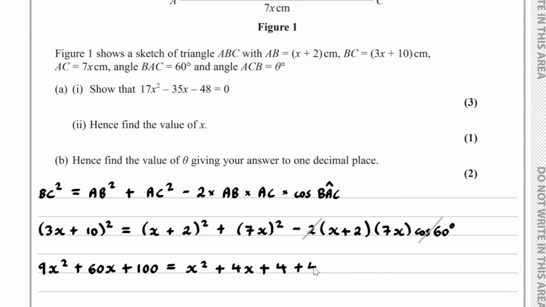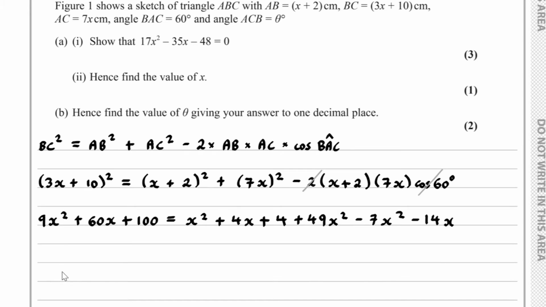So that's the same as 49x squared subtract x plus 2 times 7x. So that is the same as subtracting 7x squared and then subtracting 14x.